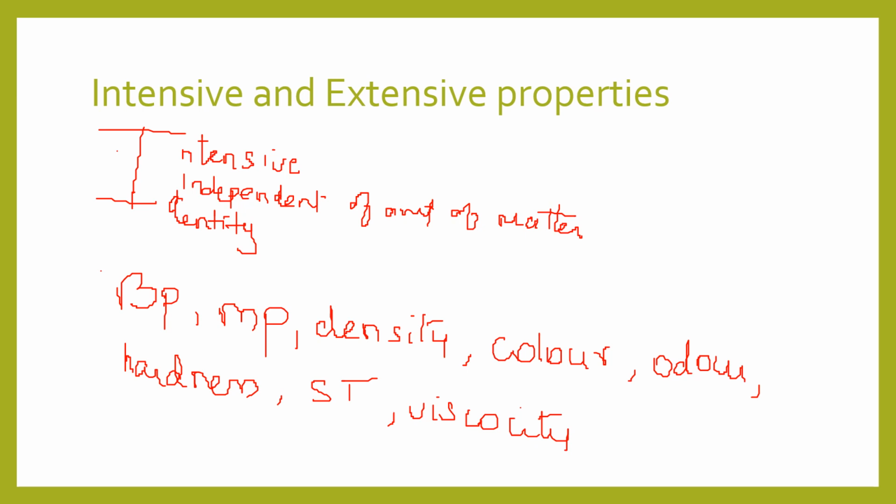What are extensive properties? Extensive properties depend on the amount of matter. For example, volume of small amount would be less, volume of more amount would be more. Okay, so small beaker volume is less, here volume more, here volume still more.